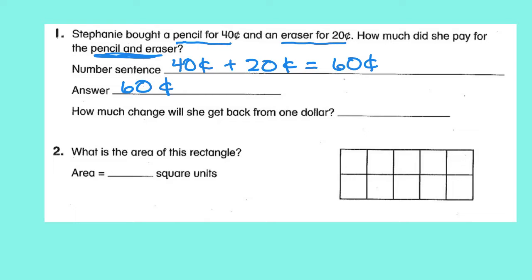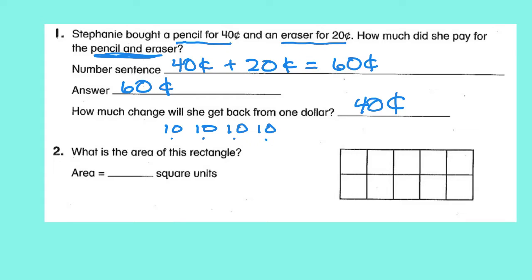So we've got 60 cents, 70 cents, 80 cents, 90 cents, $1. So we have 10, 20, 30, 40 cents. 60 cents plus 40 cents equals $1.